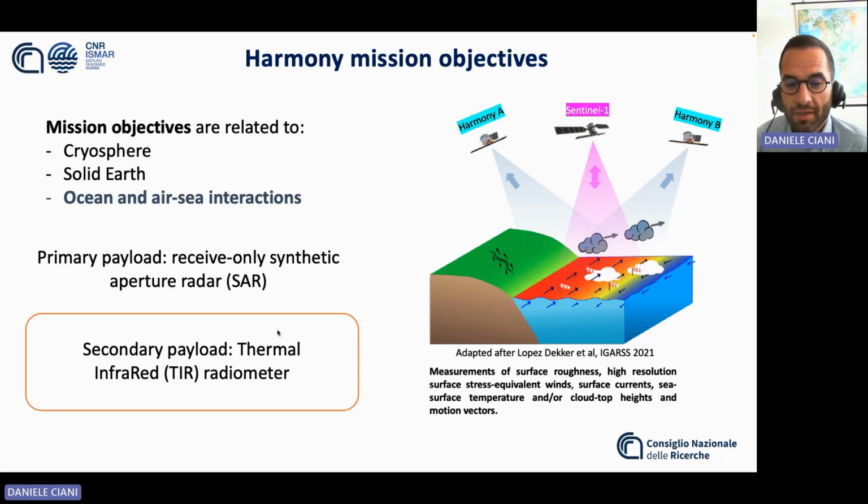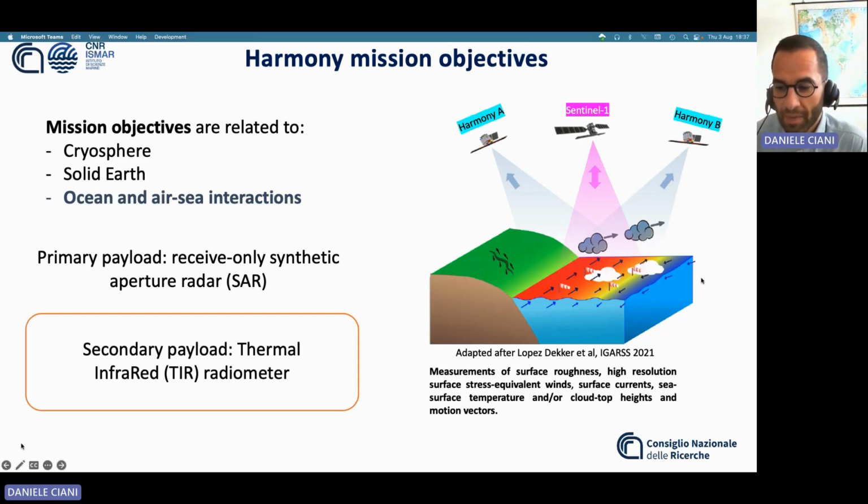The mission is really interesting because it will provide simultaneous observations of quantities like sea surface roughness, wind stress, surface currents, direct measurements of surface currents, sea surface temperature, and also information related to clouds.